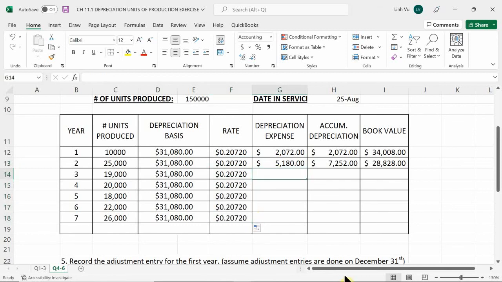Only difference is, what's my depreciation expense for year 3 if I drove 19,000 miles? Oh, okay.